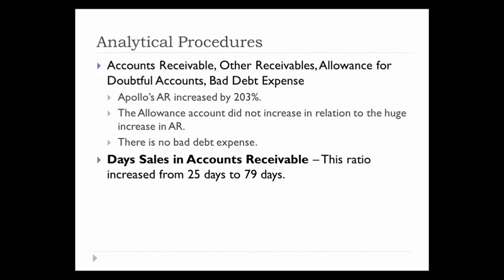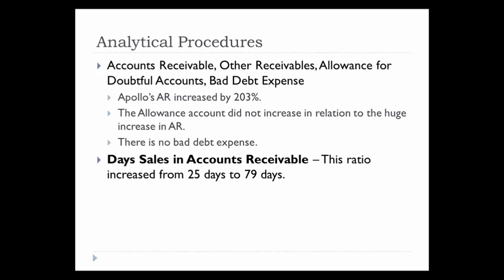allowance for doubtful accounts. So in your substantive audit procedures, you need to have audit procedures that examine the allowance for doubtful accounts, right? So you would want to challenge what management has there, if that is an appropriate amount.